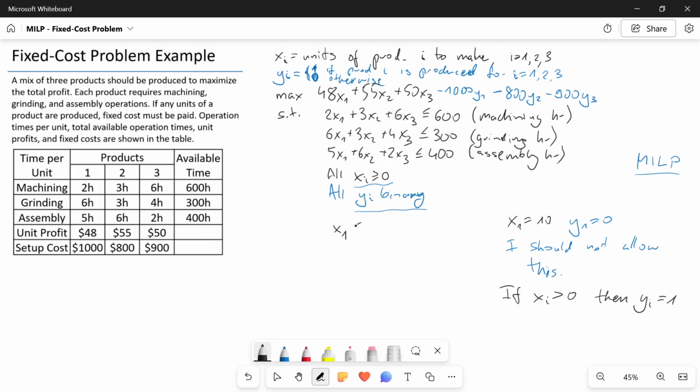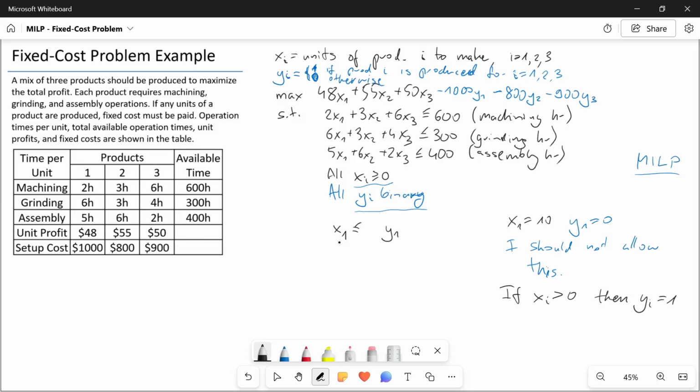x1 less than or equal, and on the right hand side we'll put y1, but we remember x1 can have a value that is not just 0 or 1. If I leave this constraint like this, then because y1 can be at most 1, it's a binary variable, x1 could be at most 1, but I want to allow x1 to be a very large value. I may ask myself how large it should be.